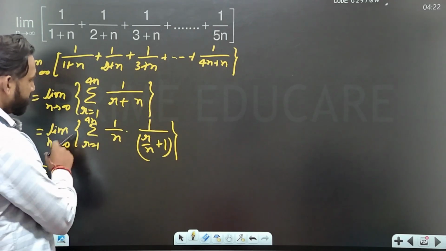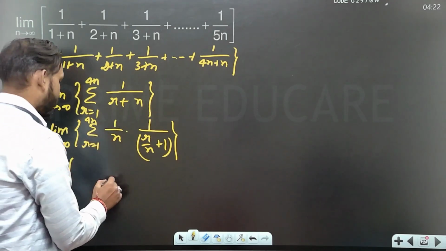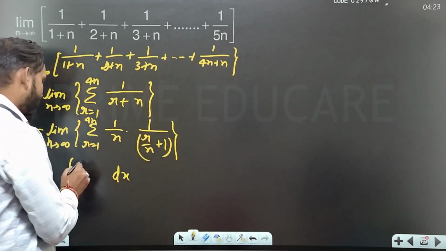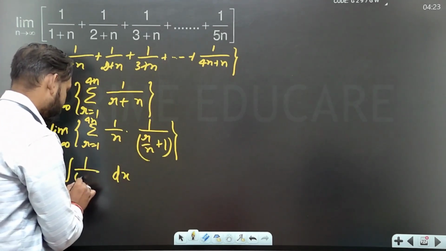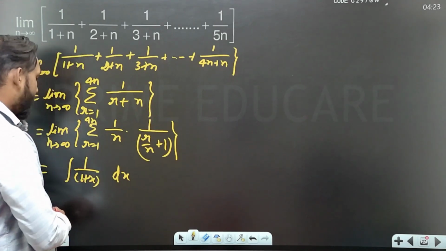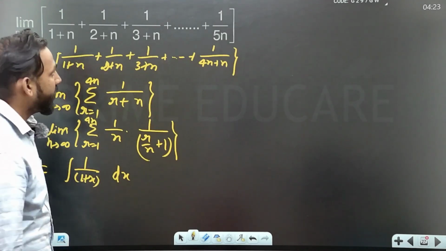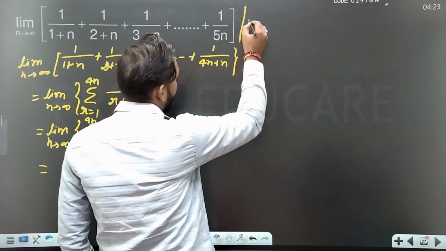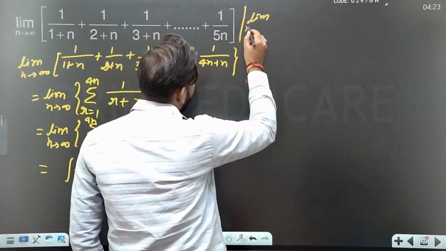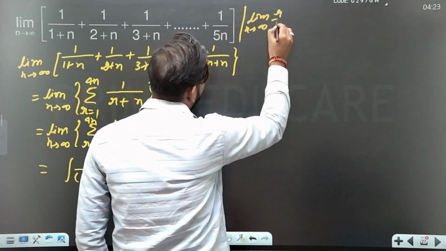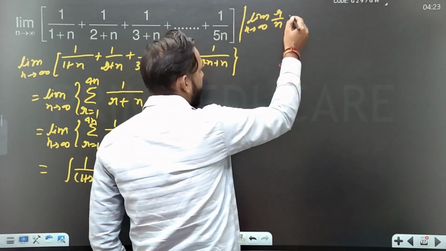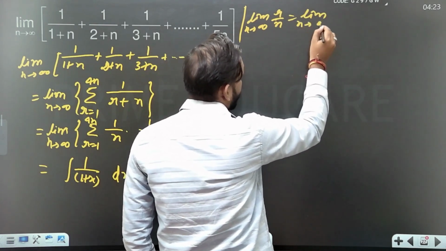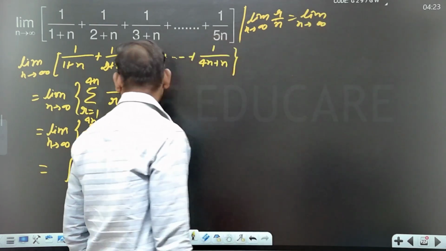Now we can write 1 over n as dx, r over n as x, so the integrand is 1 over 1 plus x. And what will be the limits? If we want to find the lower limit, we have to find the limit as n tends to infinity of r over n, and if we put the lower limit of r, we get the lower limit of integration, and if we put the upper limit of r, we get the upper limit of the integration.